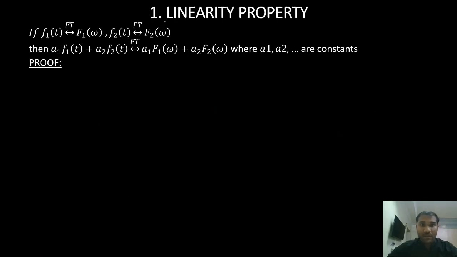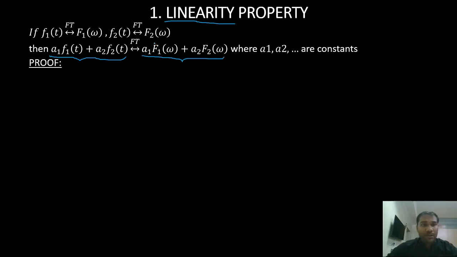The first property is linearity property, right? So what does the linearity property state? If f1 of t has the Fourier transform F1 of omega, and f2 of t has a Fourier transform of F2 of omega, then a linear combination of these two functions, a1 into f1 of t and a2 into f2 of t, where a1 and a2 are some arbitrary constants, will have a Fourier transform in this form.